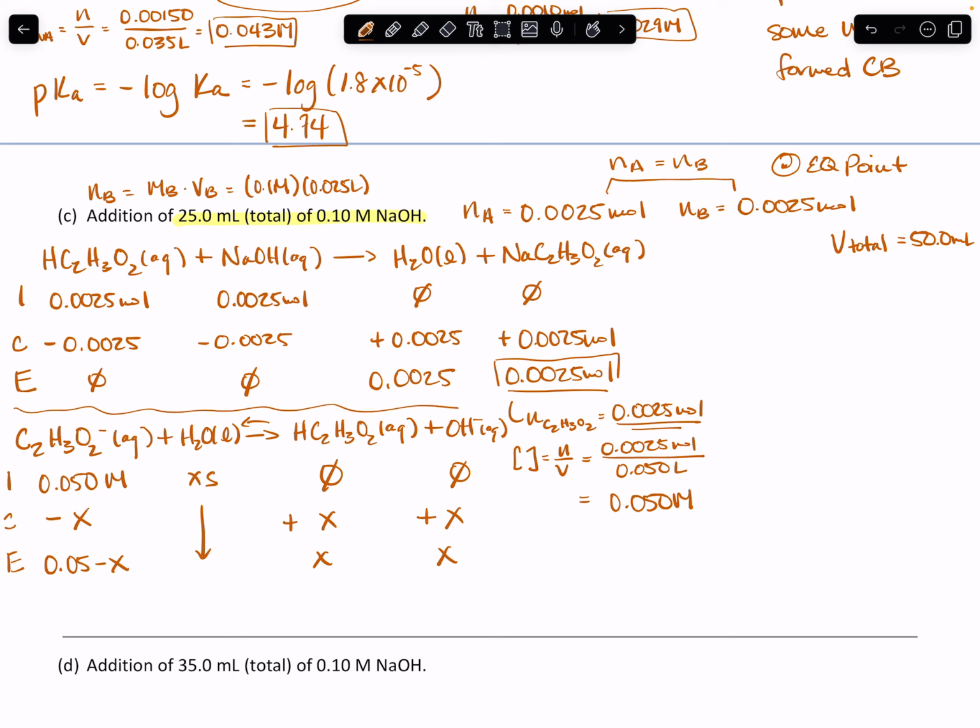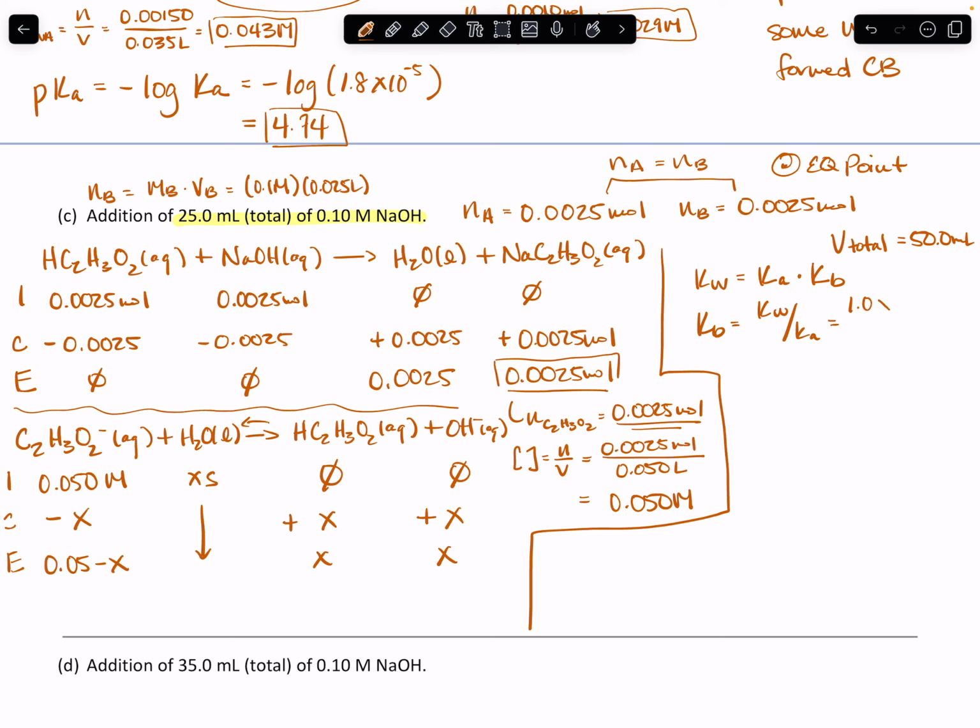So we need Kb. This is a base, so we need to know what the Kb value is of this base. I'm going to give myself a little bit of room here. Now remember, Kw is equal to Ka times Kb, which means Kb is equal to Kw divided by Ka.